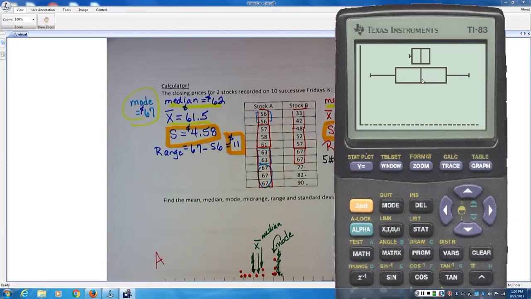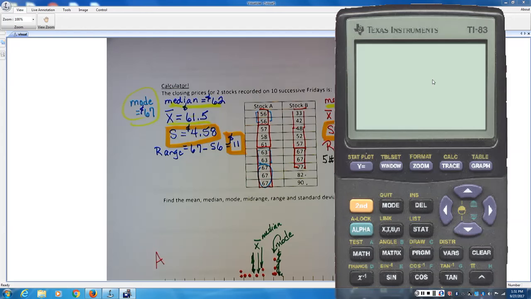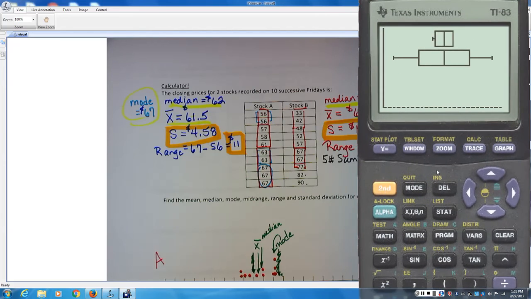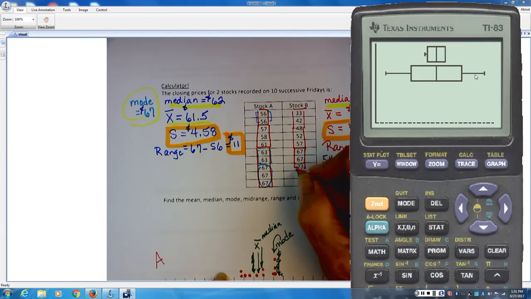And then this side of the box represents these numbers because the 77 is the dividing line. And then that upper whisker that the other one doesn't even have, that little chunk right there, represents these numbers.